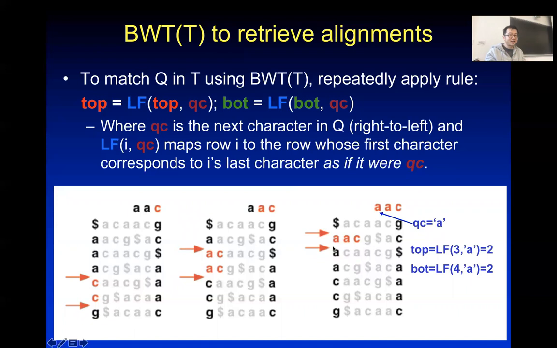So this step tells us AAC exists in the genome, and we still need to find out which coordinate this suffix comes from. This is similar to reconstructing the original genome. We just do the LF mapping again and again until we reach the first nucleotide of the reference genome.